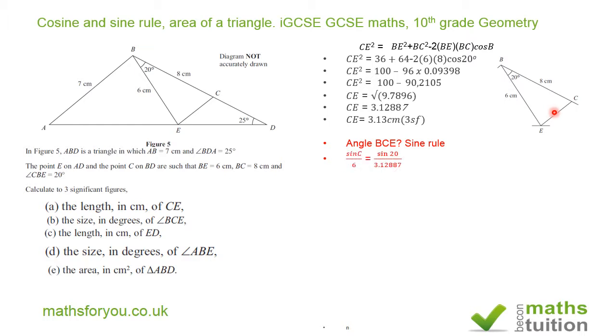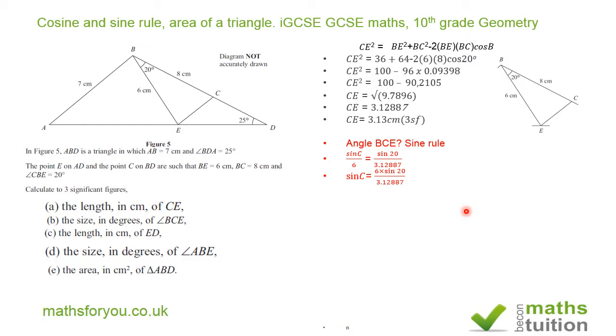So the sine rule does apply in this case. We end up with sine C over 6 is equal to sine 20 over 3.12887. You don't need to work beyond 3SF, but it doesn't really matter in this case.